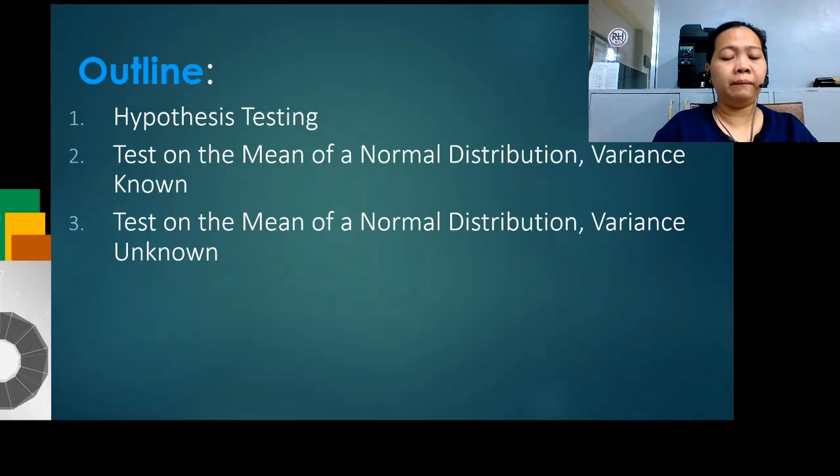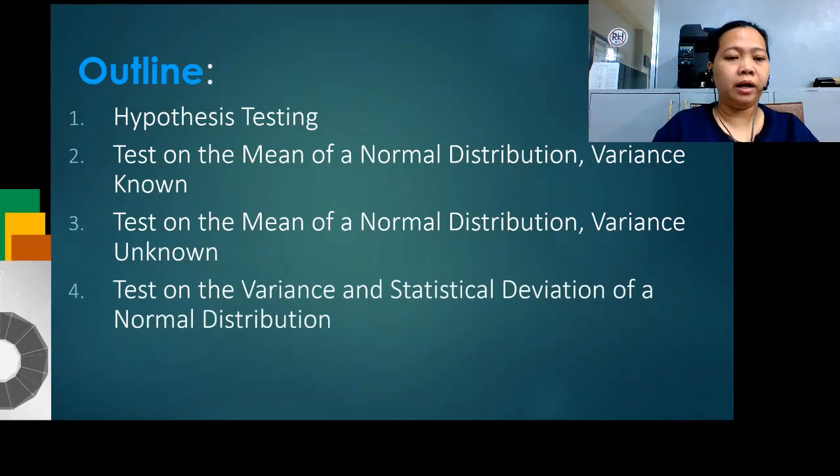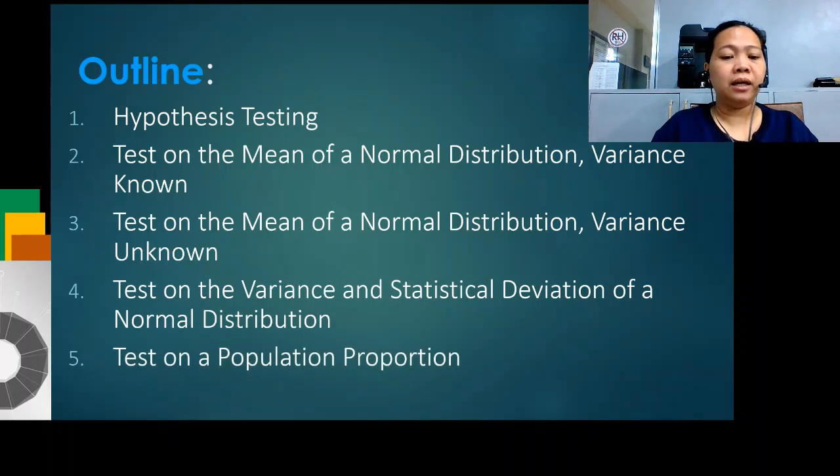Third will be the test on the mean of the normal distribution with a known variance. Fourth will be the test on the variance and standard deviation of the normal distribution. And lastly, we will discuss the test on population proportion.